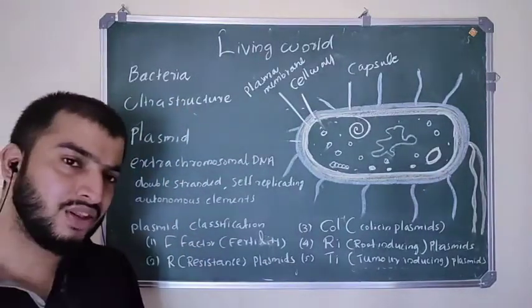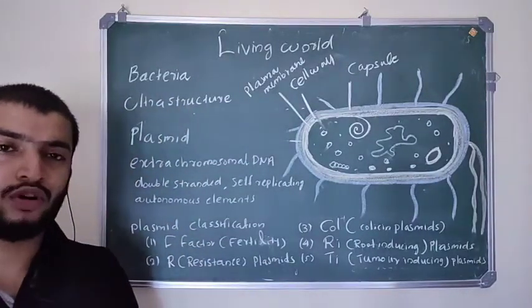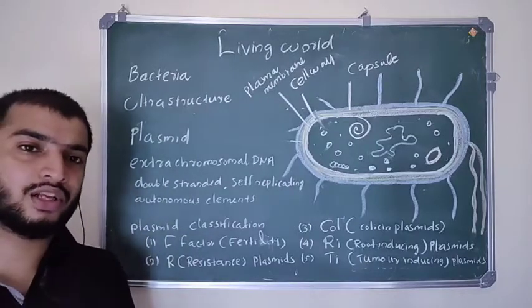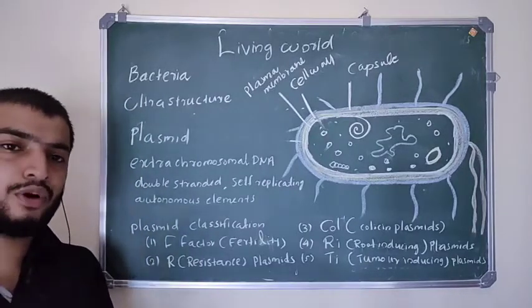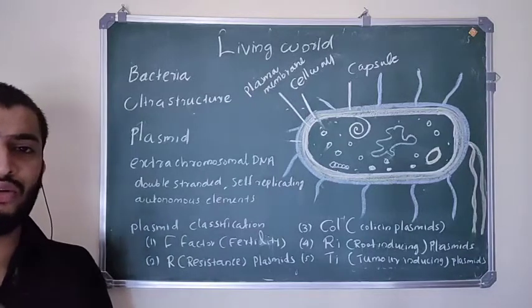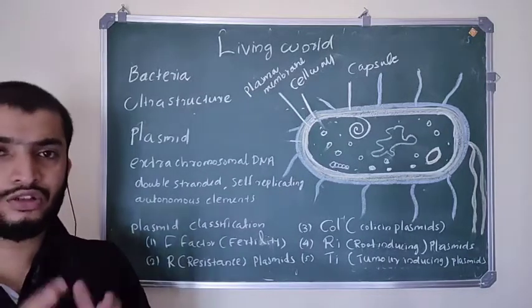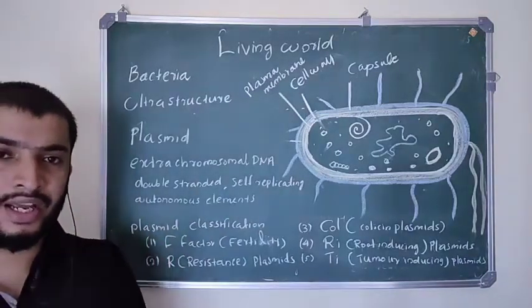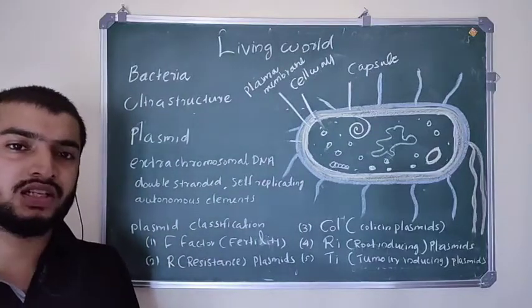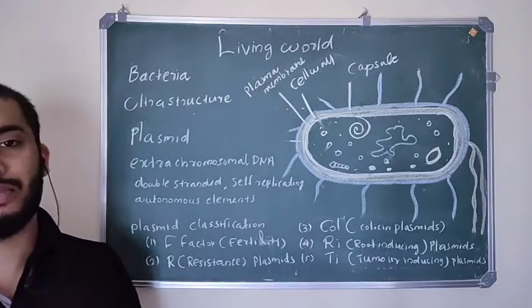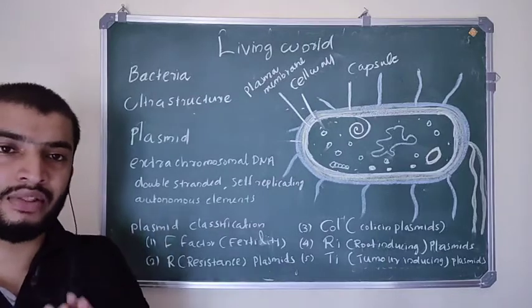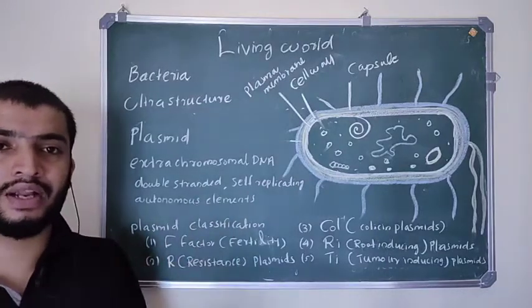So these plasmids have the genes responsible for fertility and resistance to antibiotics and heavy metals, and they also produce bacterial toxins and bacteriocins, etc. So they are extrachromosomal DNA, double-stranded, self-replicating autonomous elements. They can make their own copies and their number varies in bacterial cells.